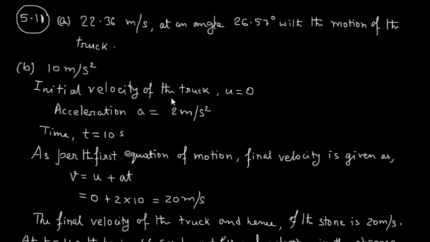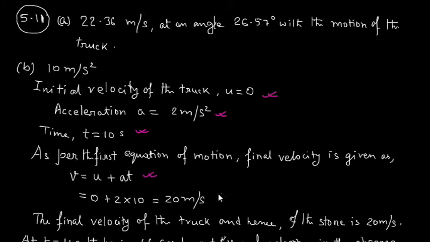So initial start from this line. Initial velocity of the truck u is equal to 0. Acceleration a is equal to 2 meter per second square. Time 10 seconds. As per the first equation of motion, final velocity is given by v is equal to u plus at.